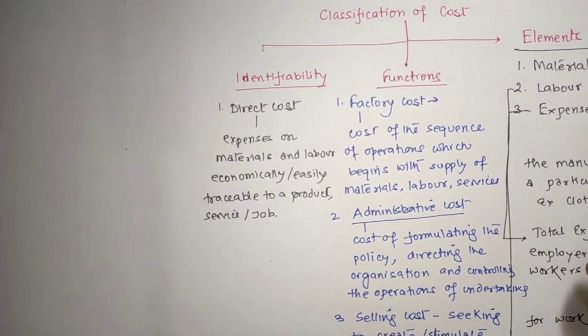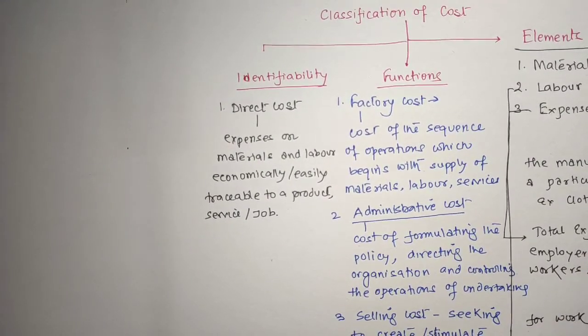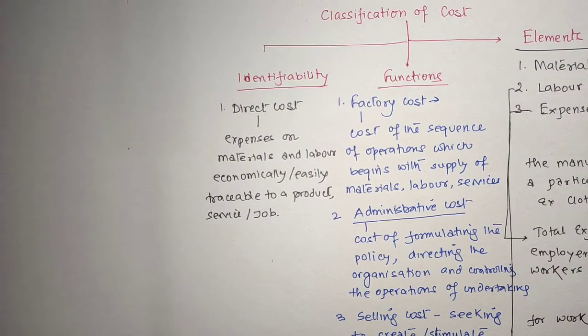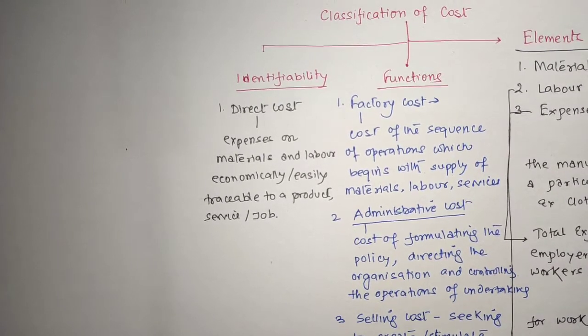In the process of manufacture or production of articles, materials are purchased, labors are employed and wages are paid to them. Certain other expenses are also incurred directly. Since all these take active and direct part in the manufacturing, they are called direct cost. Example, the cost of meat in a burger. Yes.